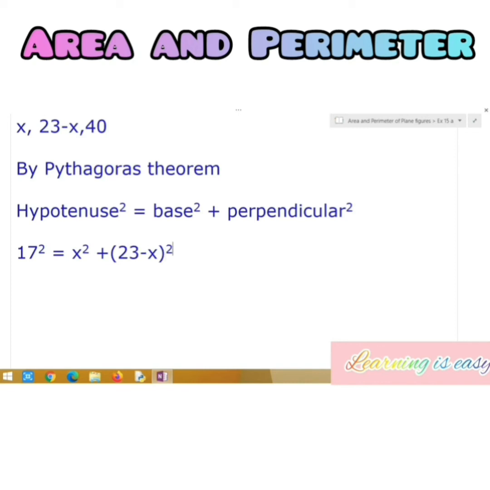So we need to expand it to the formula of a minus b whole square. So 17 square can be written as 289. Base is same. Perpendicular, we need to expand it. That's a square plus b square minus 2ab, which is going to be 529 plus x square minus 23 into 2. That's 46x. So with this, we can write the quadratic equation.